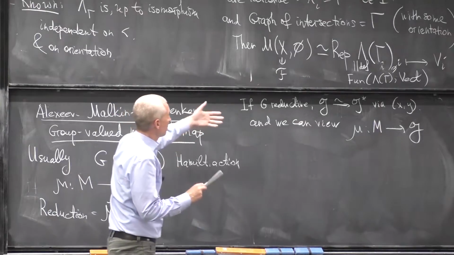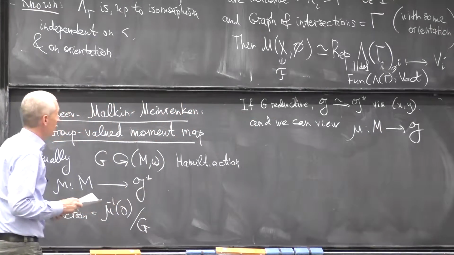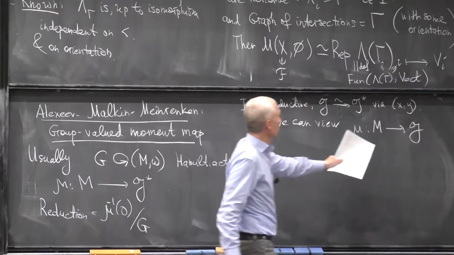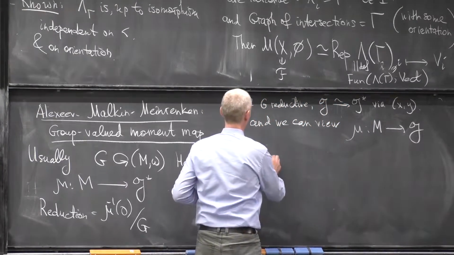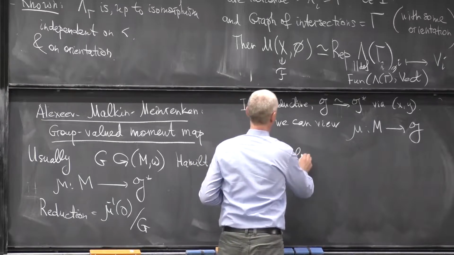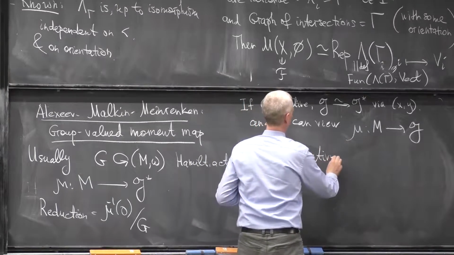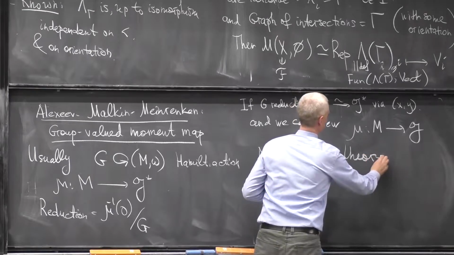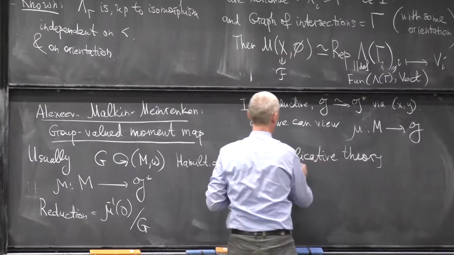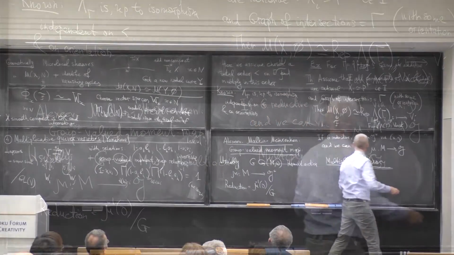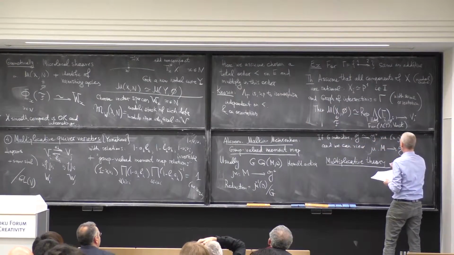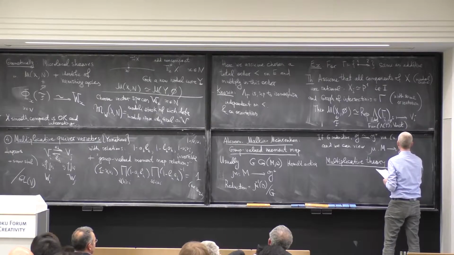This is what the multiplicative theory does. It passes from the Lie algebra to the multiplicative group. So we consider the following situation, and this is called a quasi-Hamiltonian G space.